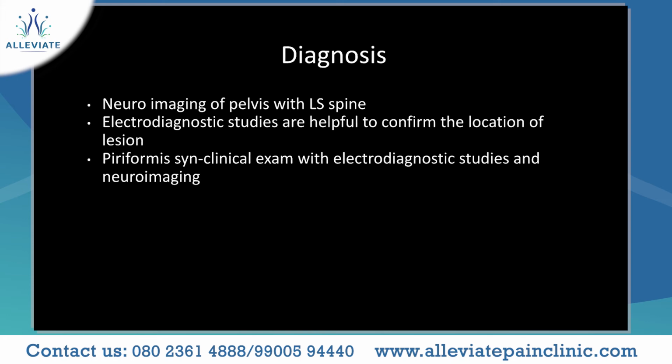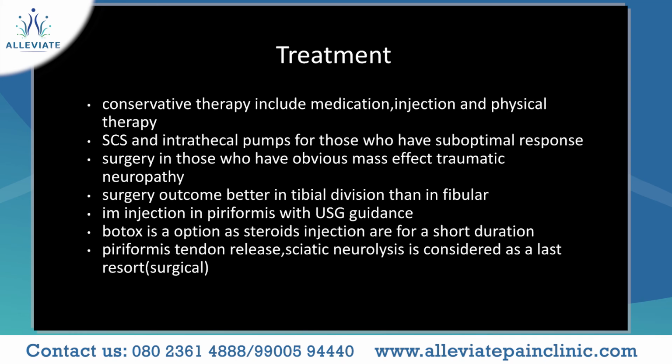Coming to the diagnosis, neuroimaging of the pelvis with the lumbosacral spine is always done to rule out other causes. Electrodiagnostic studies are helpful to confirm the location. Piriformis syndrome is diagnosed by clinical exam with electrodiagnostic studies and neuroimaging. Treatment is conservative therapy, including medication, injection, and physical therapy.